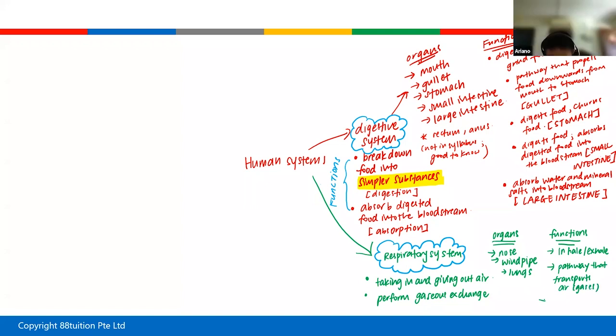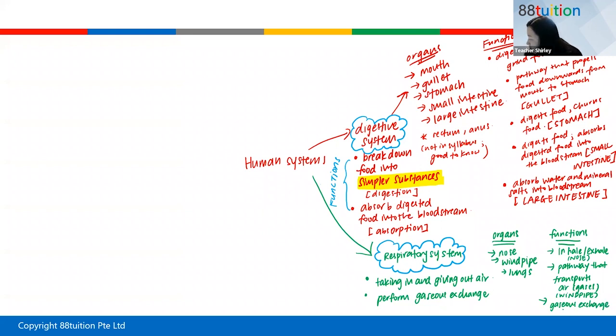And the lungs, I think the lungs have a very important role. This one is the nose. Okay, this one is the windpipe. And lastly, the lungs is really for gaseous exchange. So this one is the lungs.